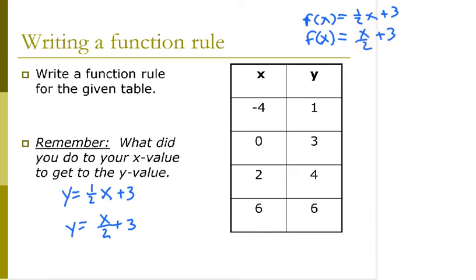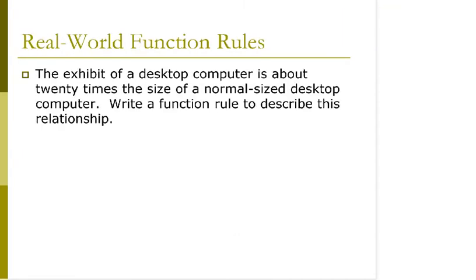See if you can write a function rule that expresses this information. Alright, so this here says the exhibit of a desktop computer. We don't know how much that is, but let's just say that we use y to express that. Is the same as saying is the same value or is equal to.